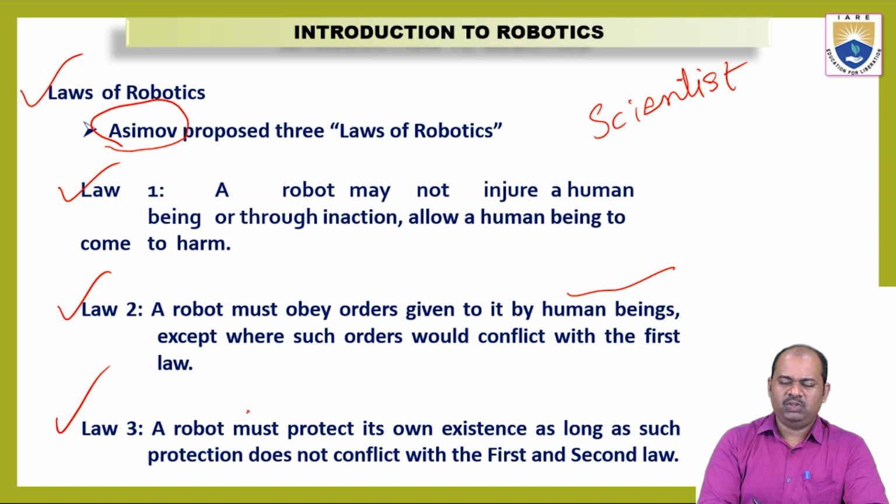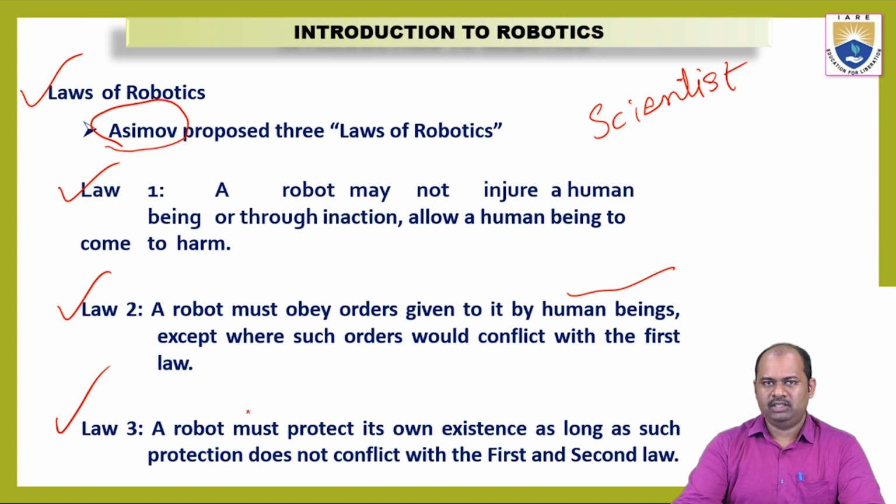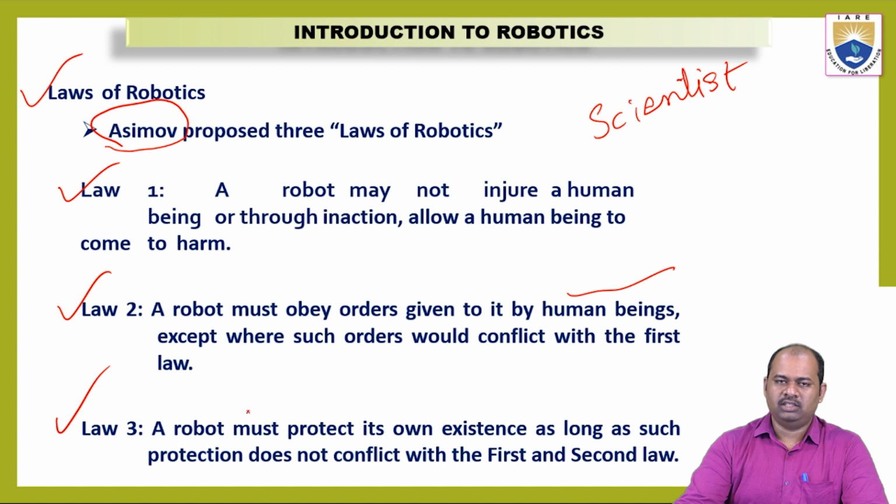So these are the basic rules formed back in the 1900s by Isaac Asimov. He is a scientist who had the fear that robots one day would conquer the human race. So all the robots in the world should follow these three rules.